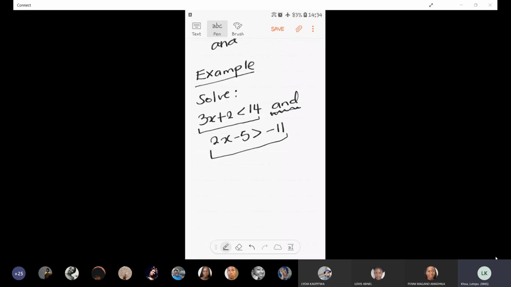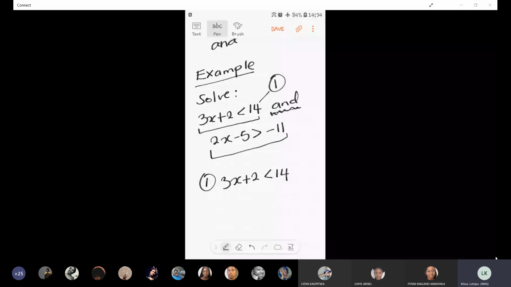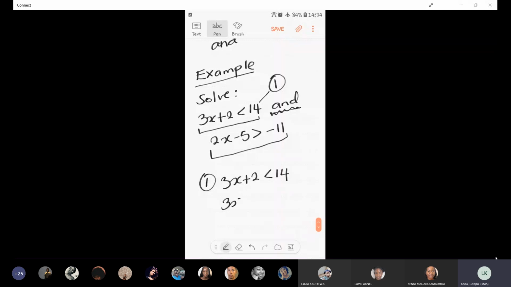So if I look at the first one, so that's number 1, I have 3x plus 2, this is less than 14. We know how to solve this. You need to isolate x on one side, so I will subtract 2 on both sides. So I have 3x, this is less than 12, and then I divide by 3, divide by 3.